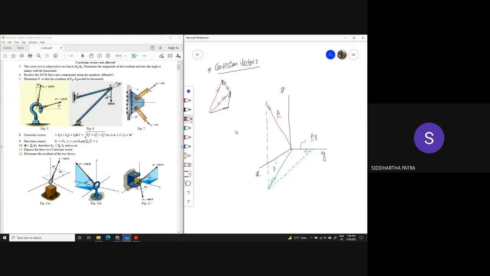One more concept we need is a unit vector.